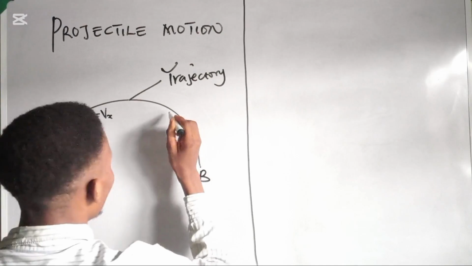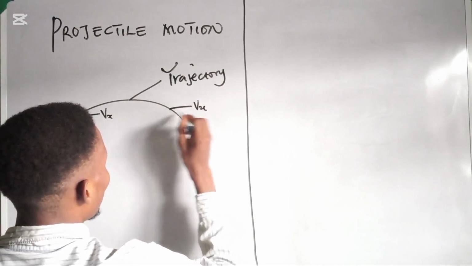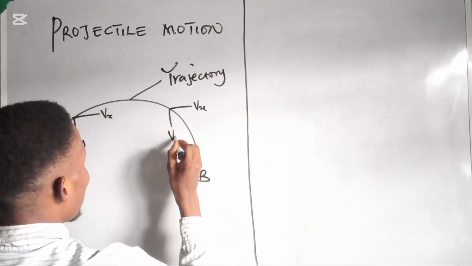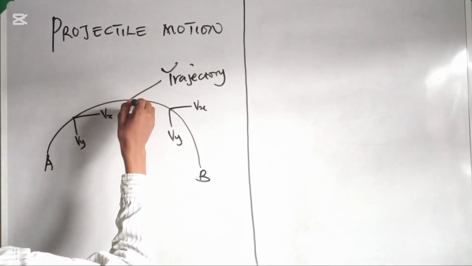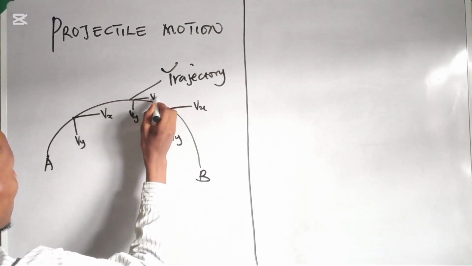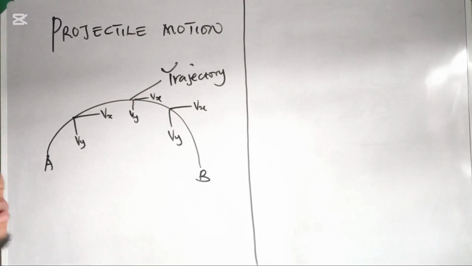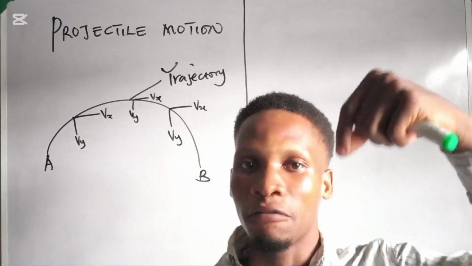So if we come to this point of the trajectory, we also have Vx and Vy. Whatever point we consider, we have both Vy and Vx, the horizontal and the vertical components of the velocity.